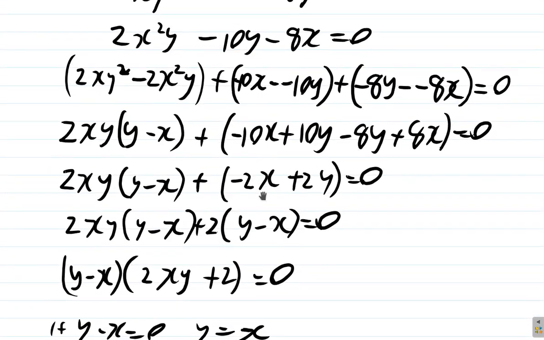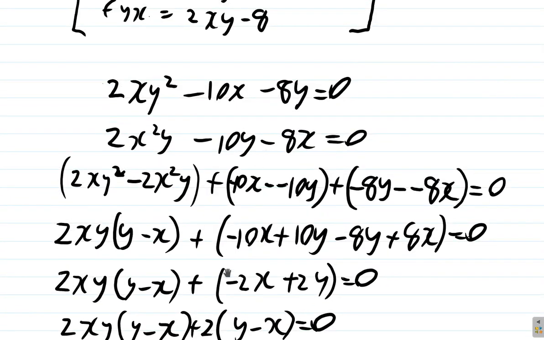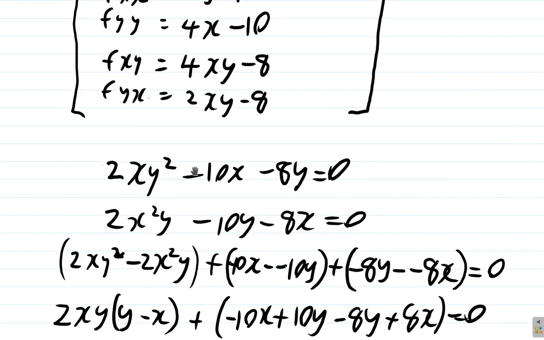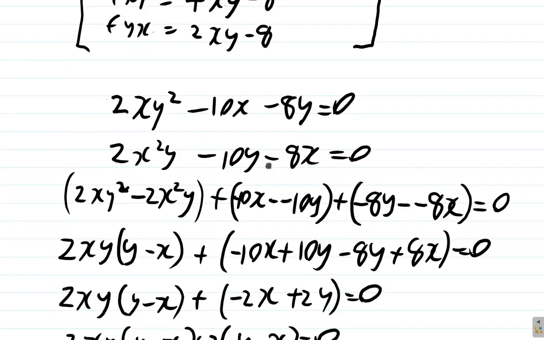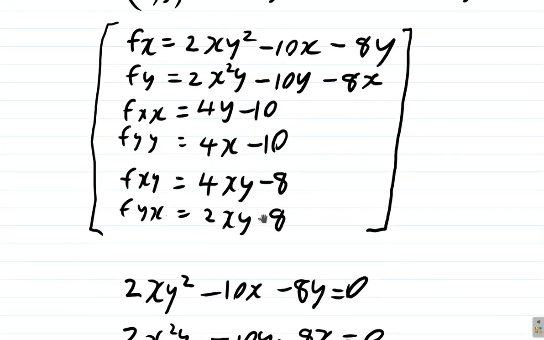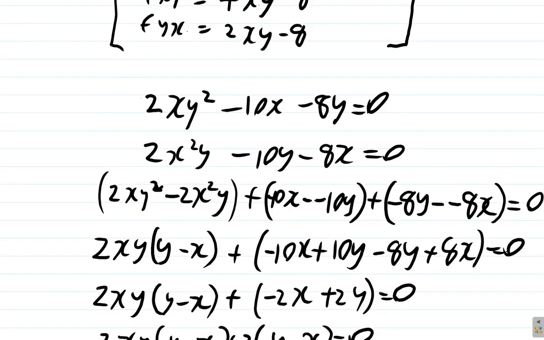We equated them to 0 already and solved. Now, what we have is y equals x and y equals negative 1 over x. I want to put them in either of these two. Let's just rewrite them further down and highlight them.